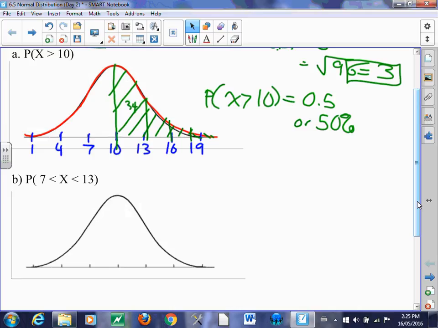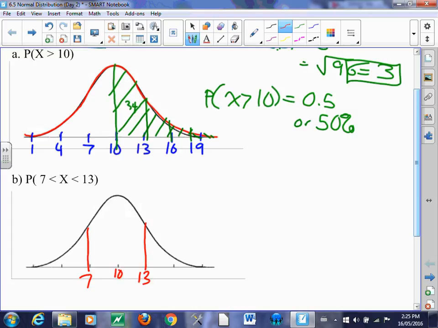All right, let's take a look at the second example. So we need to go from 7, which is here, to the 13. So what you should recognize, hopefully, is that this is 1 standard deviation away, above and below. And how much is the first standard deviation?